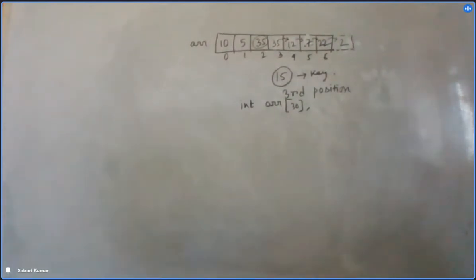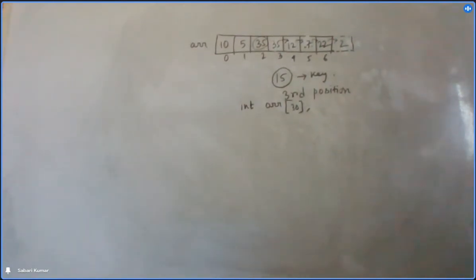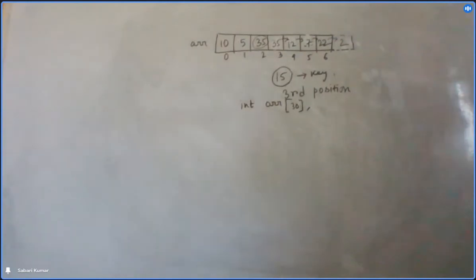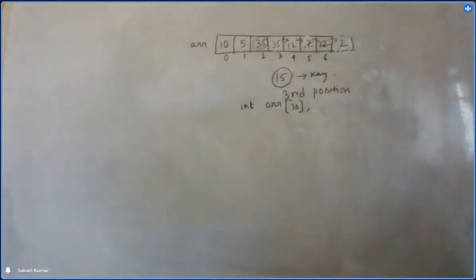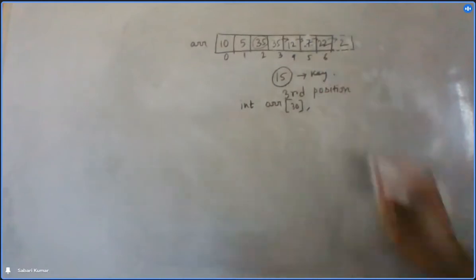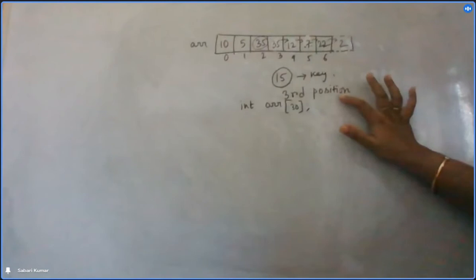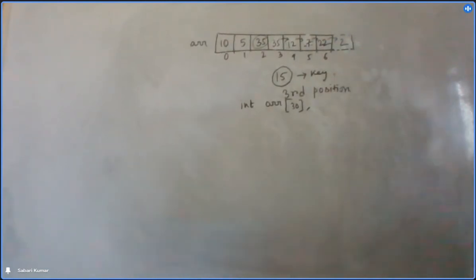After that, the position in which you want to insert will be given using scanf function, because the user can give third position, fifth position, any position. And which key value you want to insert will also be given by the user. Remember, when you execute this program in lab, you have to give these values from the user using scanf function, not static values.